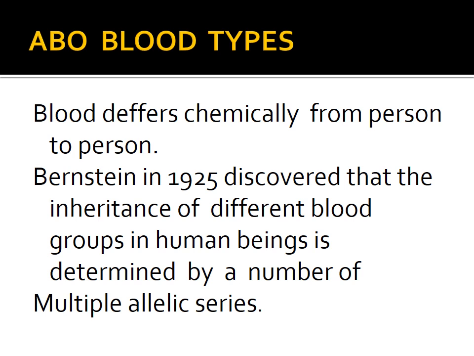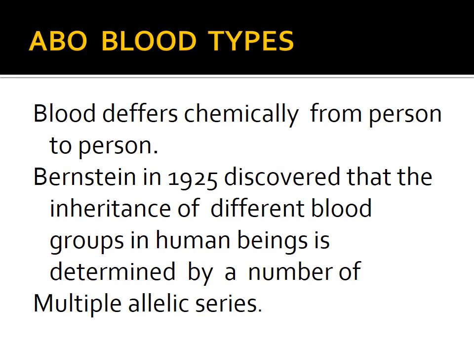ABO blood types. The multiple allele inheritance of ABO blood groups. That is, the blood differs chemically from person to person. When two different incompatible blood types are mixed, agglutination, the clumping together of the erythrocytes, RBC, occurs.